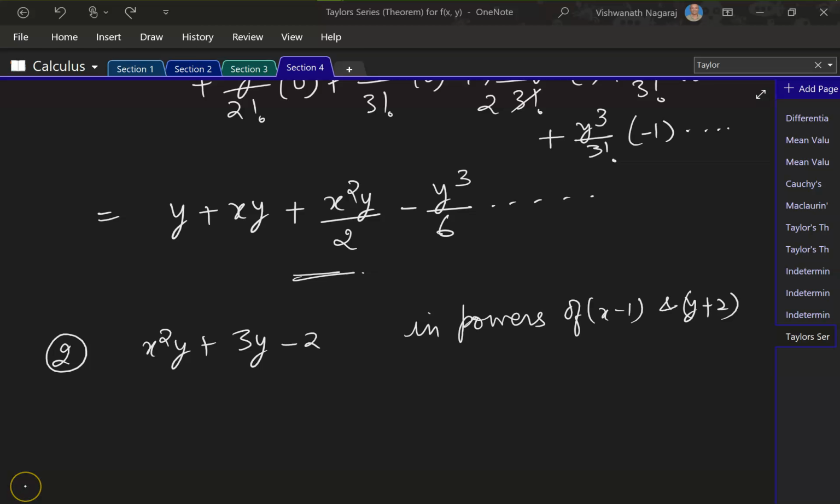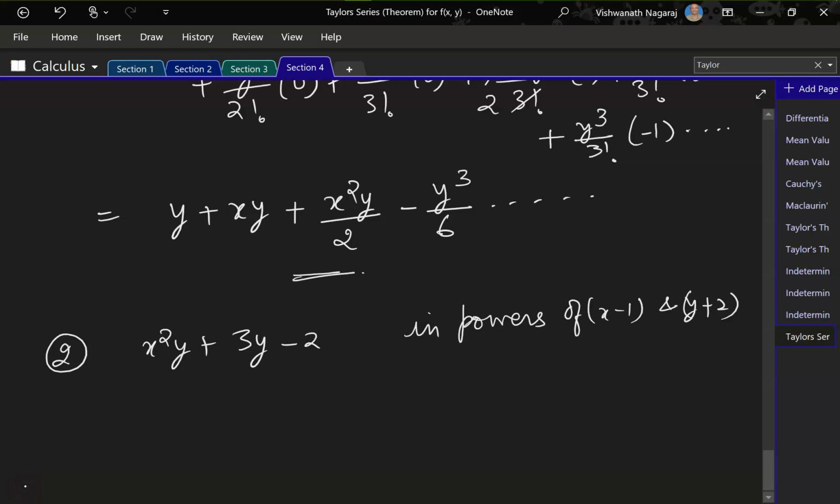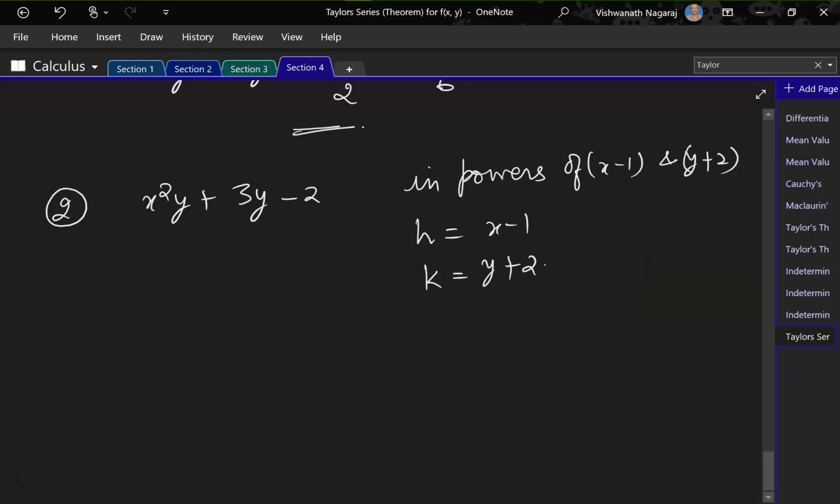Okay, so now here we can say h is equal to x minus 1 and k is equal to y plus 2, because that is what the powers go in as standard form of f of x comma y. f of x comma y is equal to x square y plus 3y minus 2.